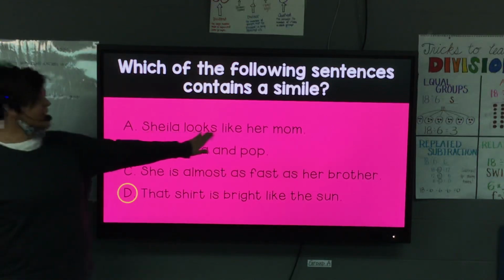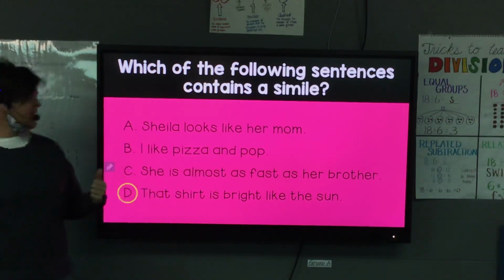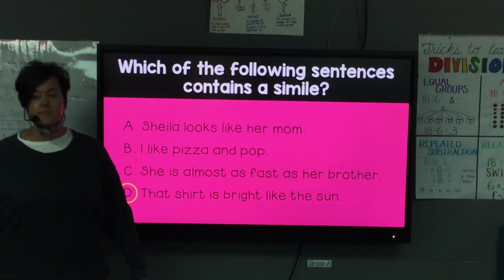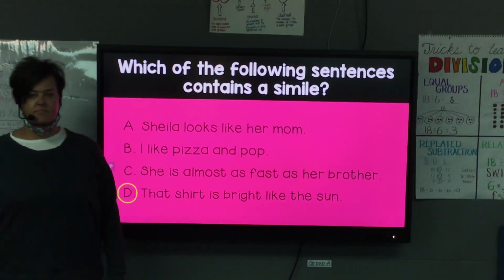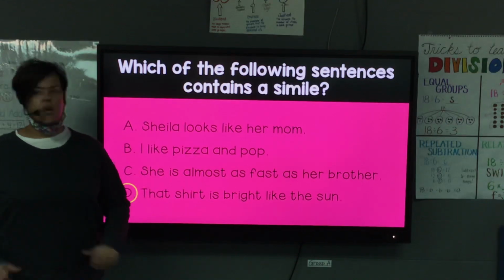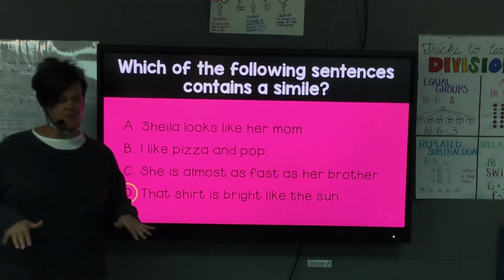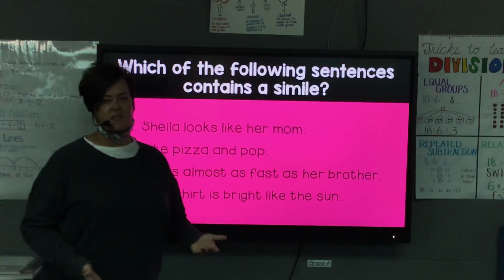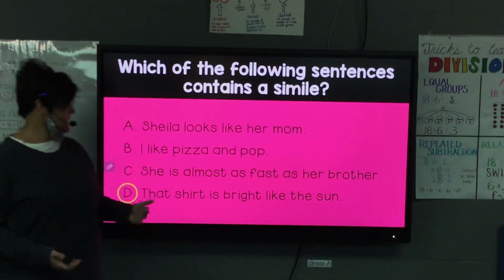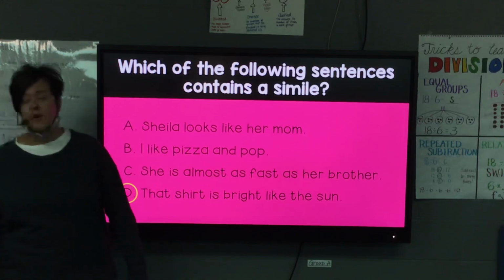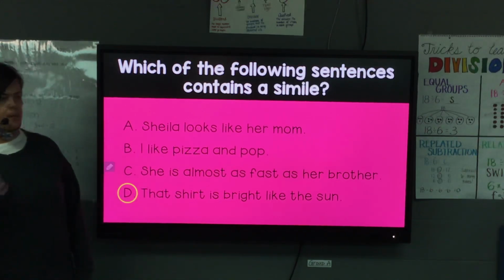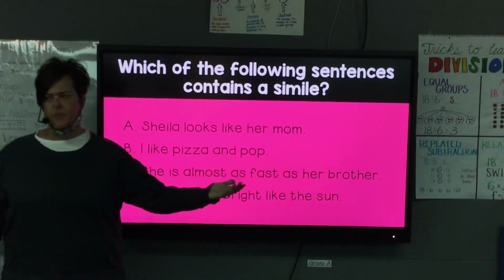Okay, why is this not a simile? She looks like her mom. Are they comparing her and her mom? Or are they just making a statement? Okay. I like pizza and pop. No. Am I being compared to pizza and pop?